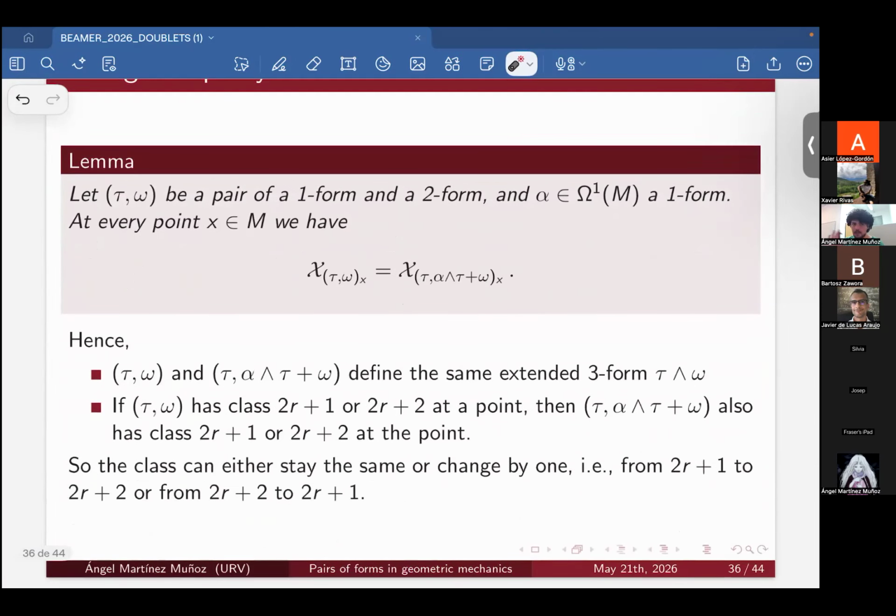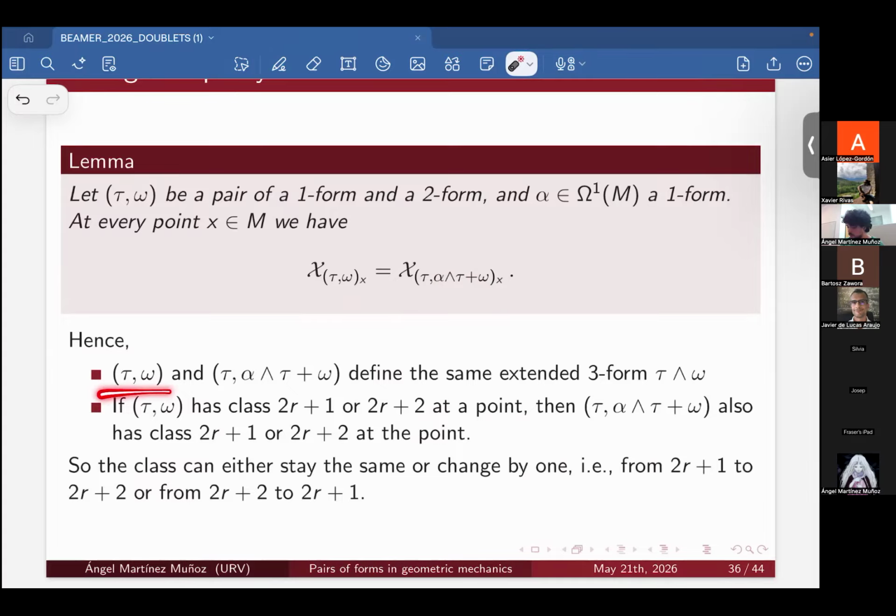However, there is a lemma that tells you, okay, it's not that crazy. If you have a one form and a two form, and you do this transformation of adding this thing, then your extended characteristic distribution doesn't change. So that's preserved, and this already tells you a lot of things.